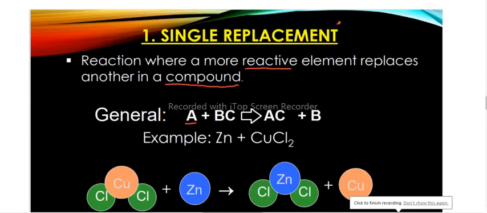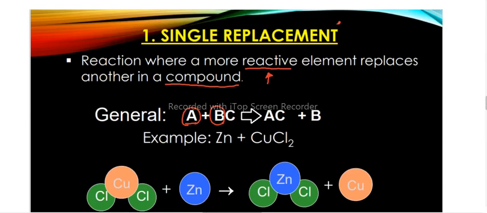Single replacement reaction is the reaction where a more reactive element replaces another inside a compound. I have here the general equation that shows how a single replacement reaction takes place. A plus BC forms AC plus B. In this situation, 2 elements will compete together, and the elements that usually compete are the metals.